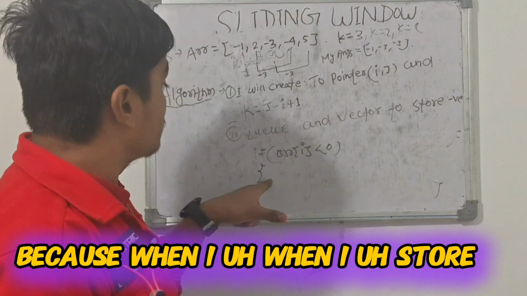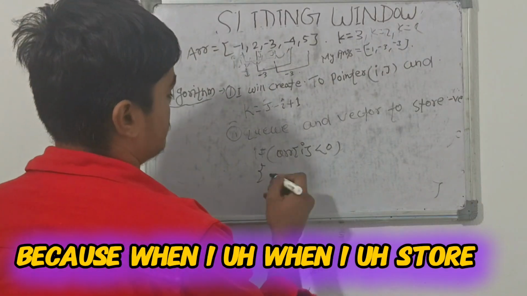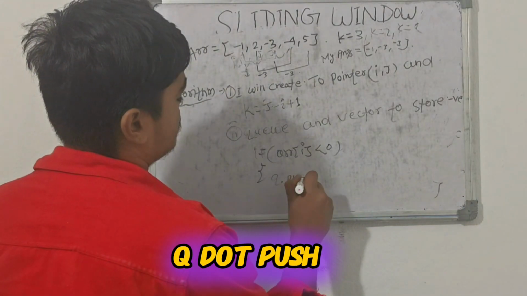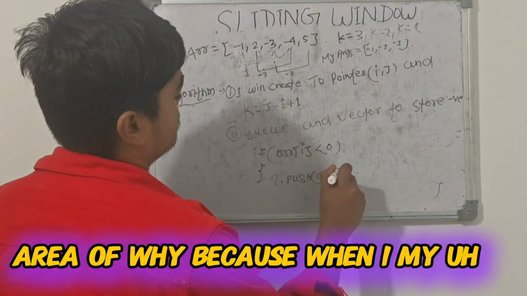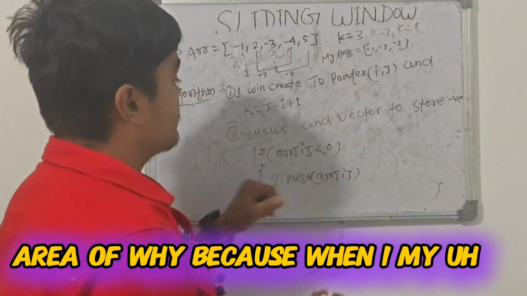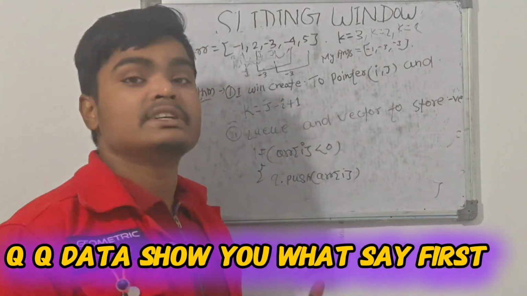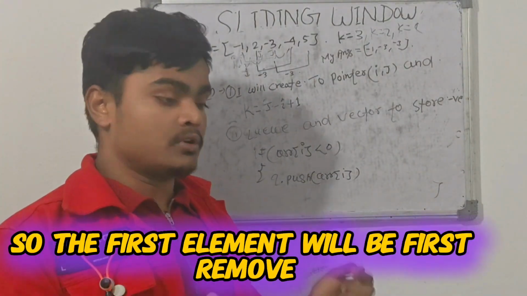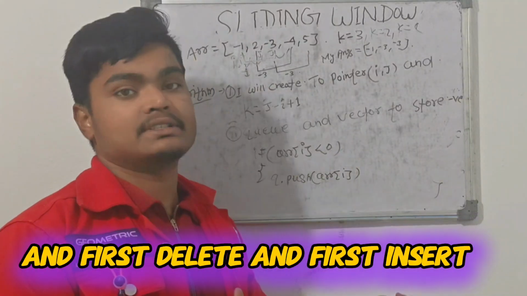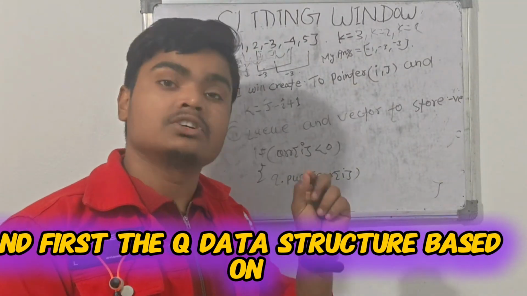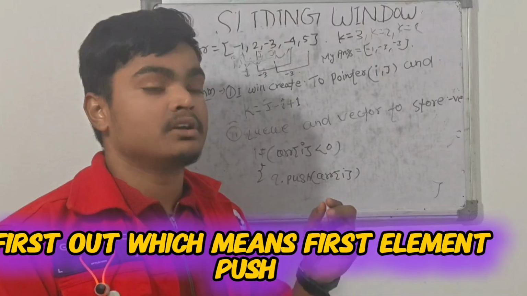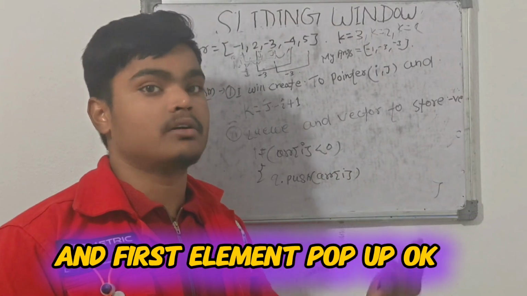Why a queue? Because when I store q dot push array of i, the queue data structure is first in, first out. So the first element is removed first, which means the first element pushed is the first element popped out.